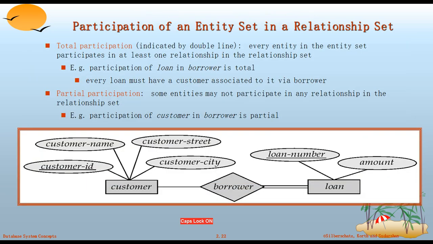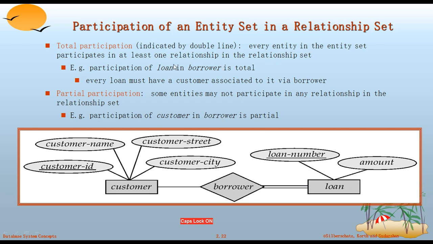Then participation of an entity in a relationship can be total participation or partial participation. Total participation is indicated by a double line; here the loan is totally participating in borrower. Every entity in the entity set participates in at least one relationship in the relationship set.